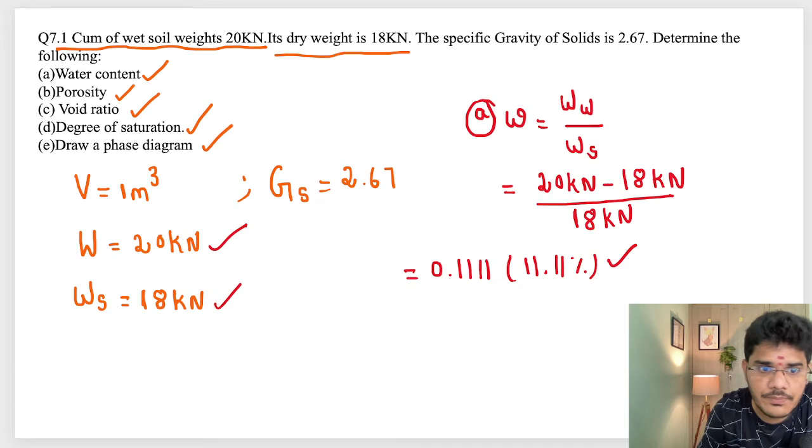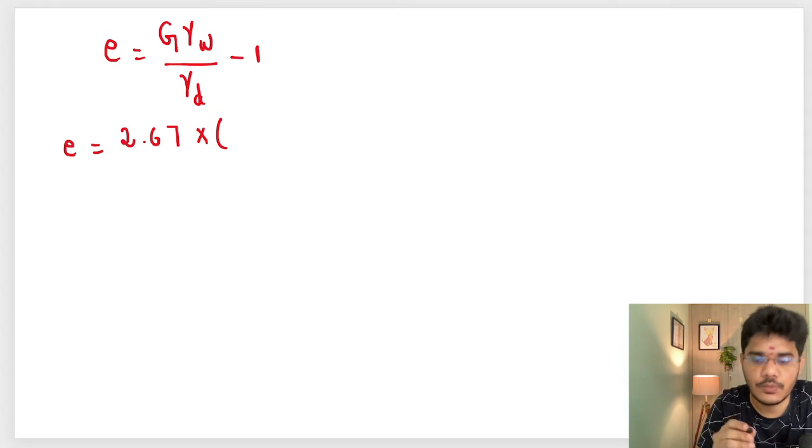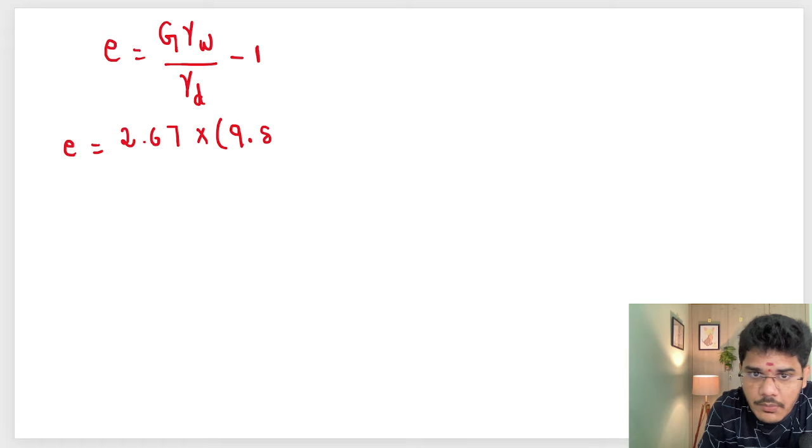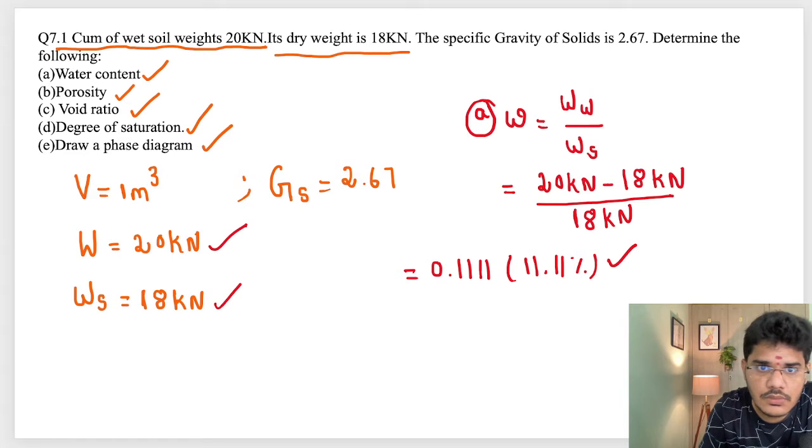What has been given? The G value is 2.67, into gamma W. If nothing is mentioned, we can take gamma W as 9.81 kilonewton per meter cube, because here we are considering everything in kilonewton. Gamma D is equal to weight of solids to the total volume.